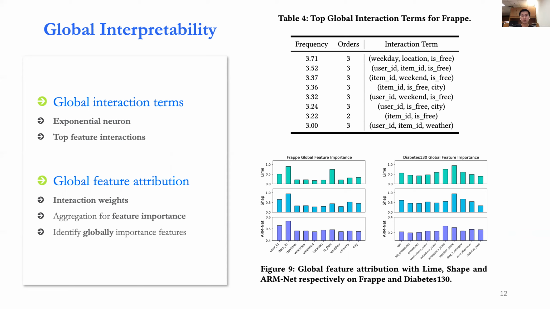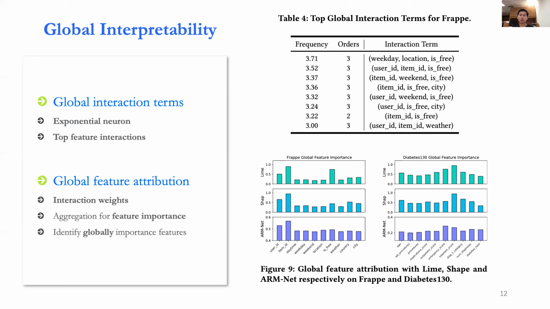So for global interpretability, we show how ARMNet can identify global interaction terms and support global feature attribution. First, global interaction terms. In the right table, we show the most frequently used cross features globally, which reveal important feature interactions for inspection and deriving insights. So with these interaction terms, we can know which features are highly correlated and important for the prediction.